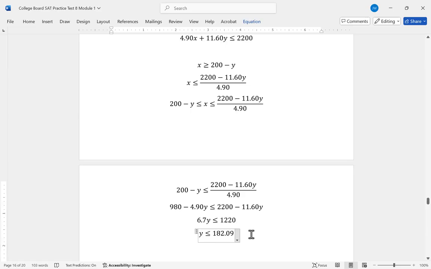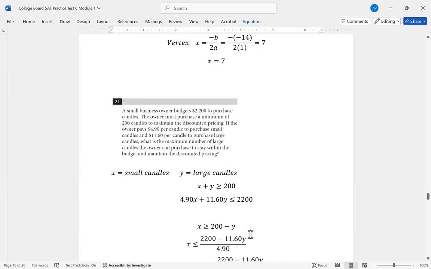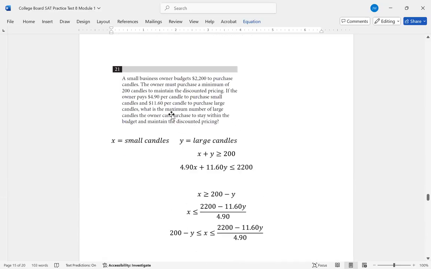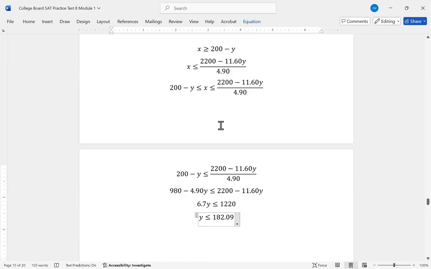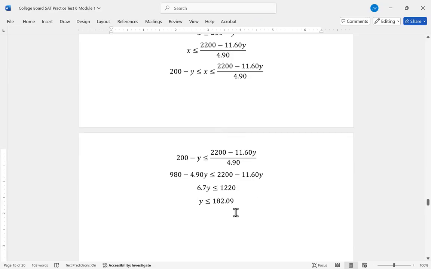Now we can't buy 0.09 of a candle. Therefore, when it asks us what's the maximum number of large candles the owner can purchase to stay within the budget and get the discounted pricing, well, we can go up to 182, but we have to stay below that.